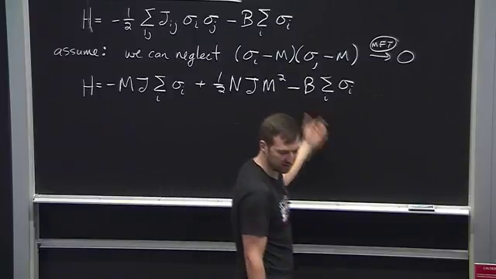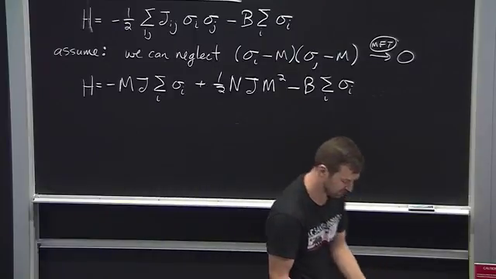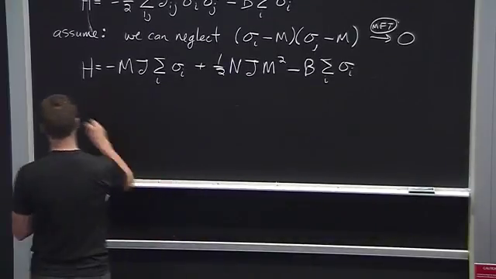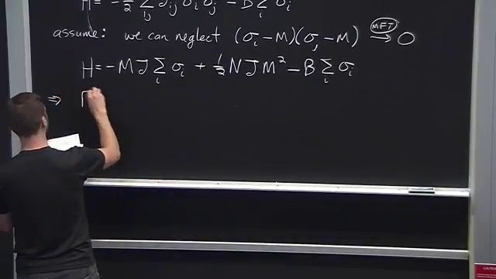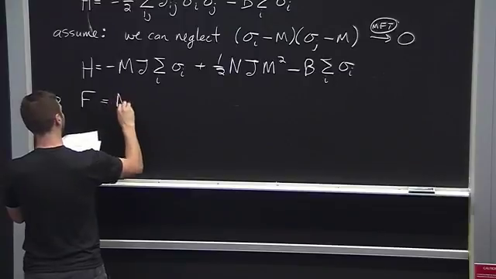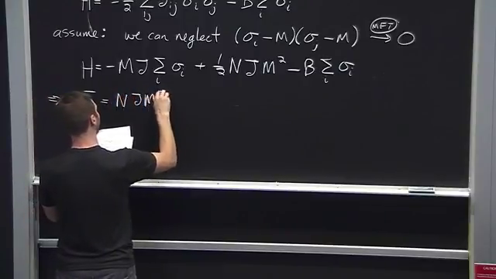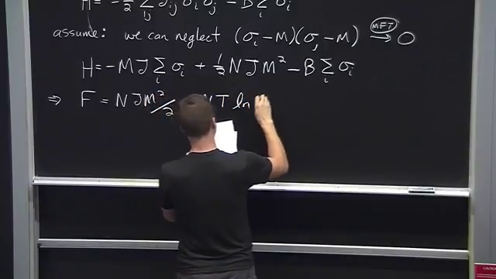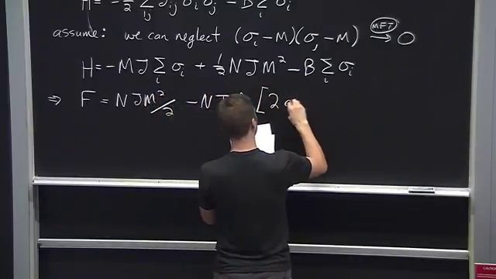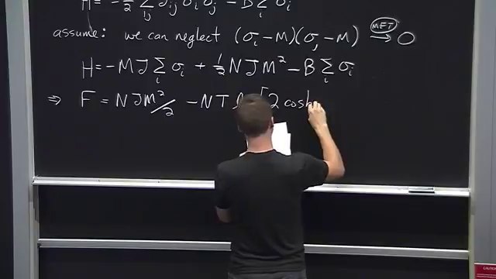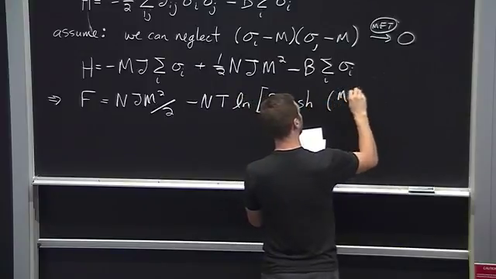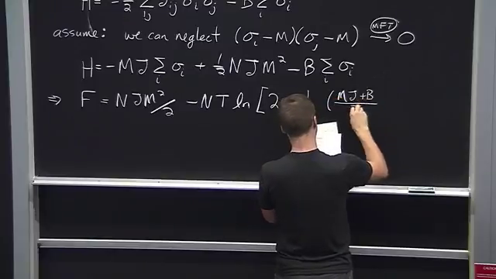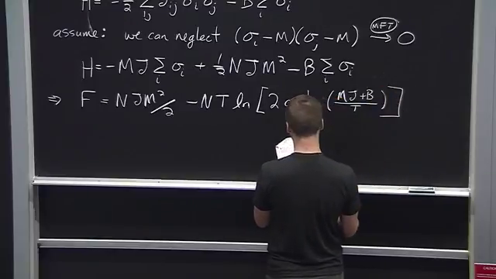And then there's also a magnetic field piece, which you can combine. And that gave us a free energy. I think I wrote this at the end of class last time. And we got this log of the hyperbolic cosine by taking the trace, remember? Something like that.